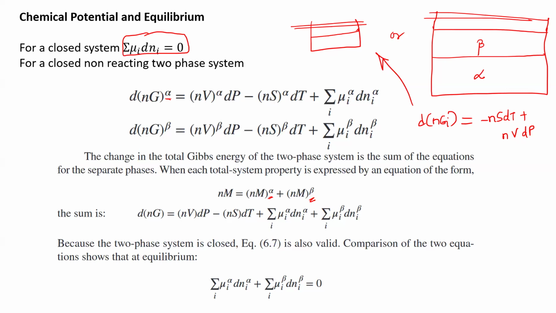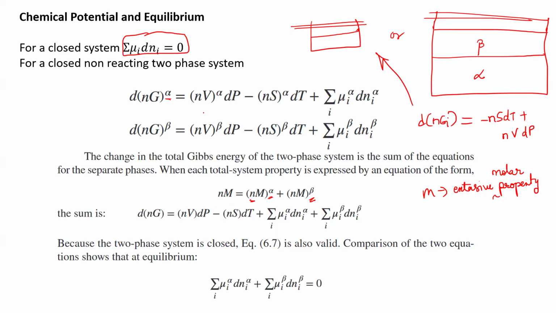So for energy properties, summation is understandable, right? So that's why we sum up the n times m of alpha and beta. Here m is an extensive property and a molar property. Molar means per mole. So that's why we multiply it with n.